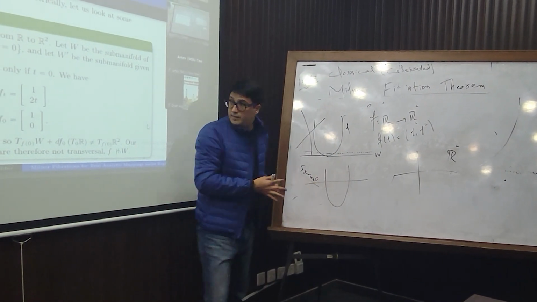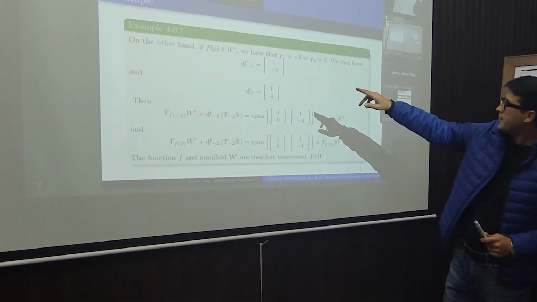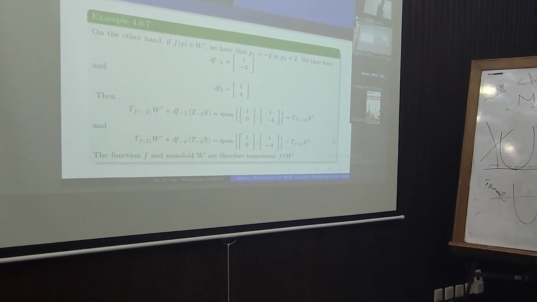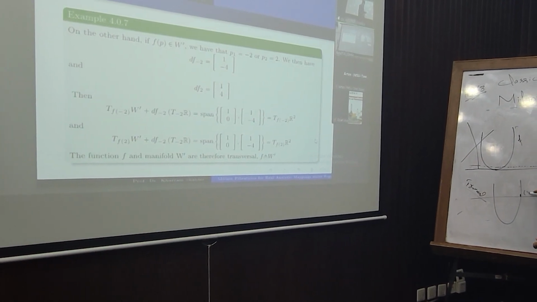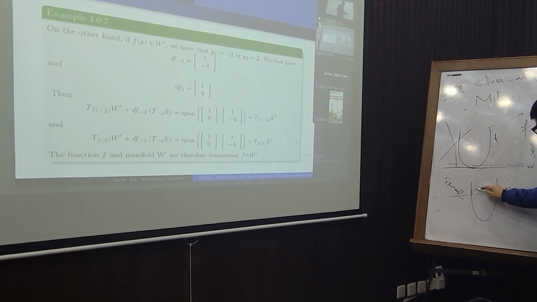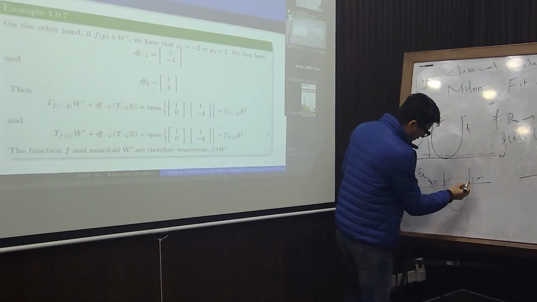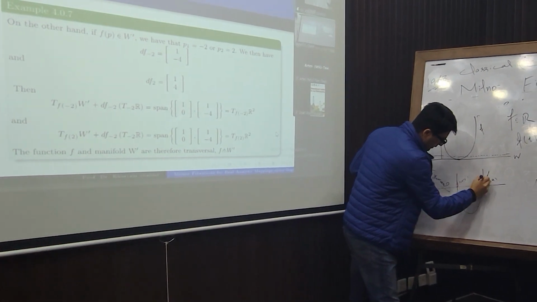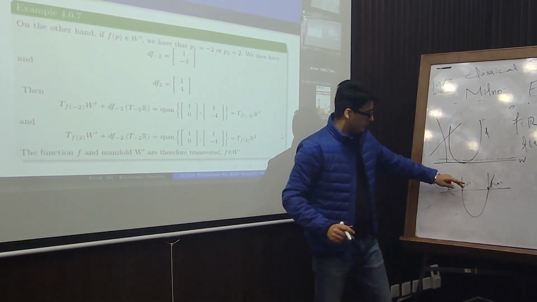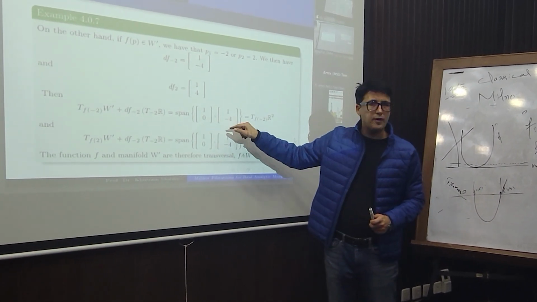Similarly, here in this case, if you look at the next one, please. In the second example, you have this intersection, and this point is, say, (1, 4), and this is (1, -4). If I draw a tangent along this surface and this surface, one vector is (1, 0), and the other vector is (1, -4).